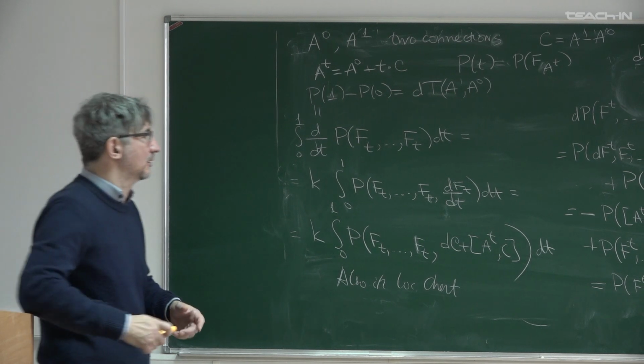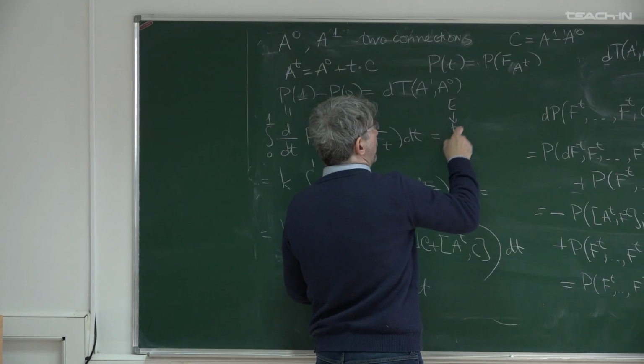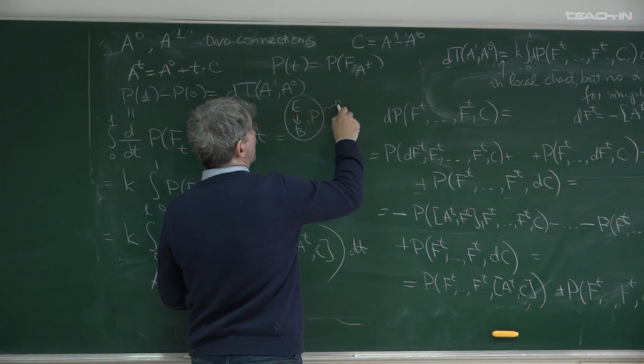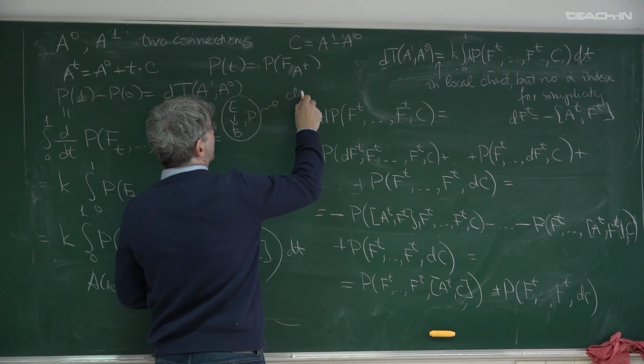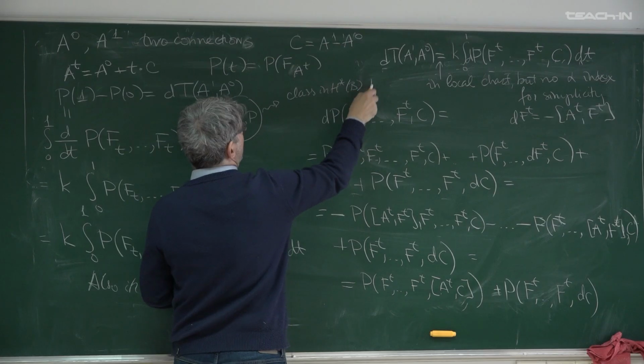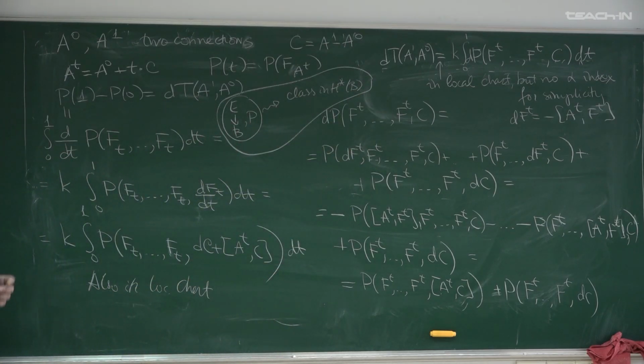So if we have a pair, a vector bundle and a polynomial p, this data gives you a class in H star of the base. This is an assignment: you have a vector bundle, you have an invariant polynomial, then you obtain a class in the cohomology of the base.